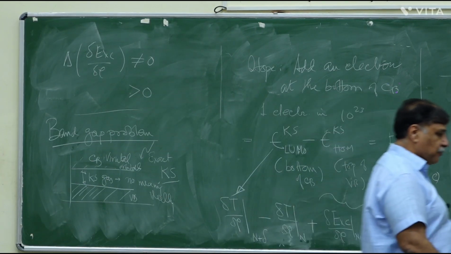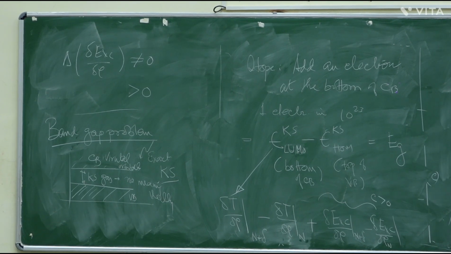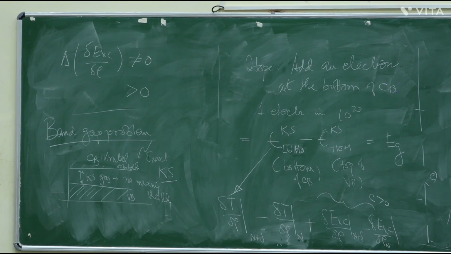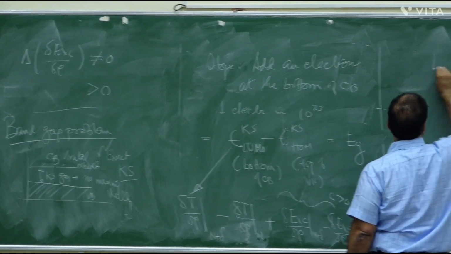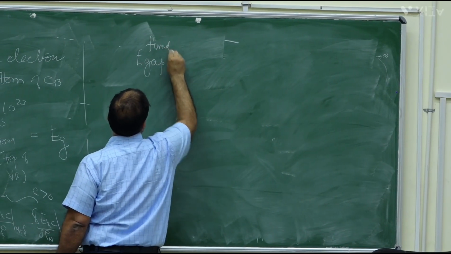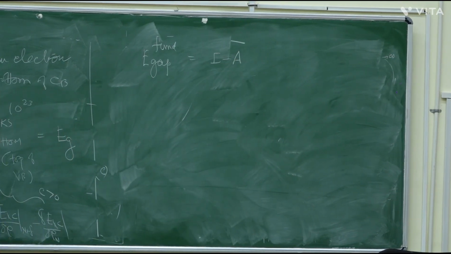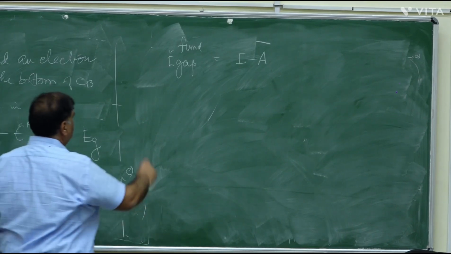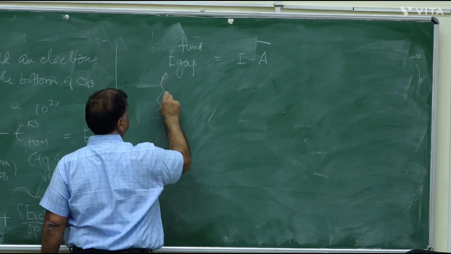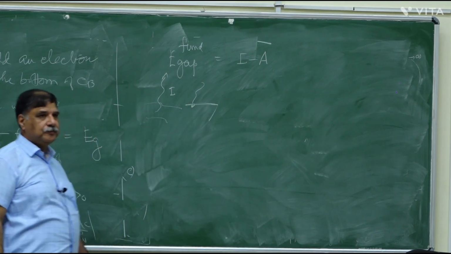Let me come to this argument from another point of view. The fundamental gap is defined as I minus A, ionization potential minus electron affinity. So you take a semiconductor, remove an electron, it takes I, give an electron, it comes to the bottom of the conduction band.